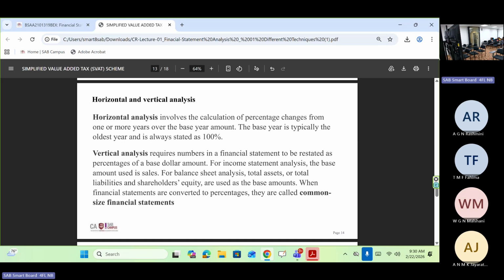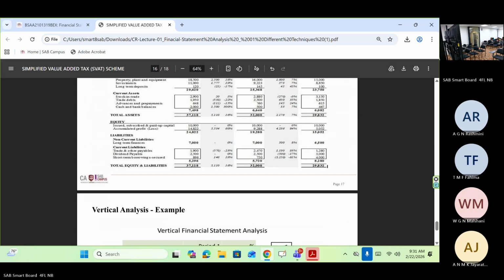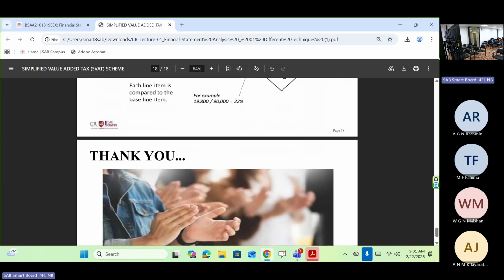The calculation part vertical, comparison part horizontal. Once you are doing trend analysis, basically you are doing horizontal analysis. That's about horizontal and vertical analysis. That's it about financial statement analysis. I have given these examples.